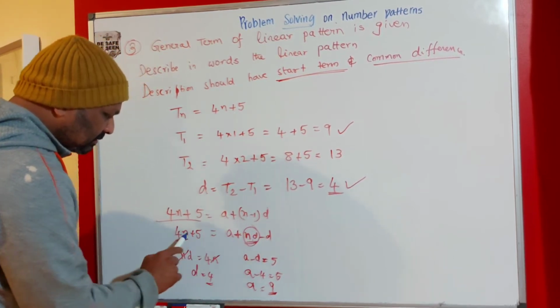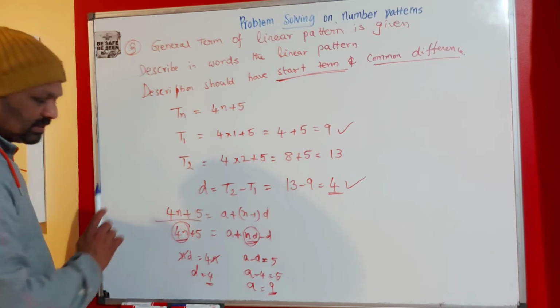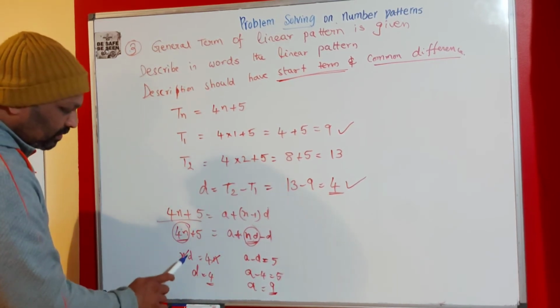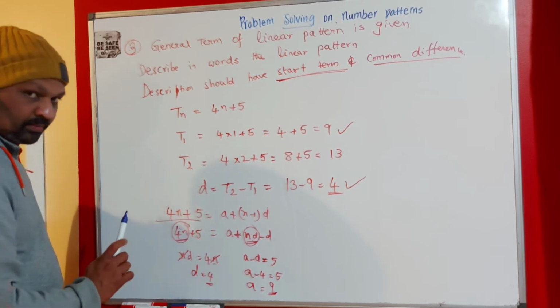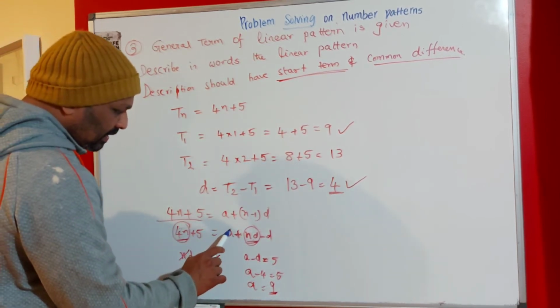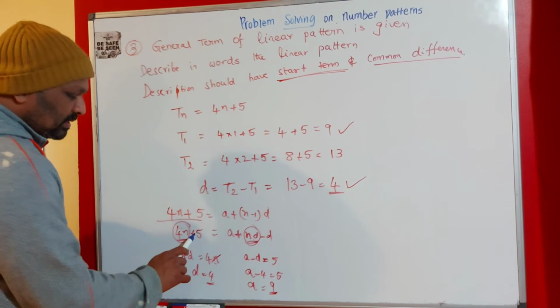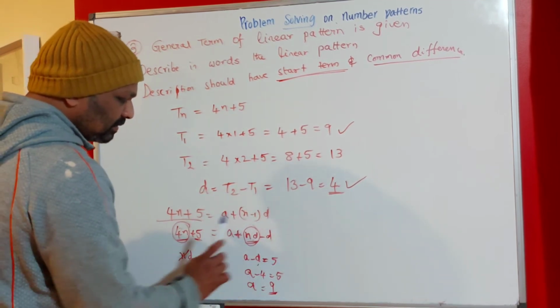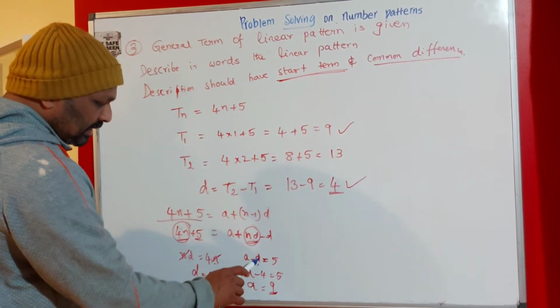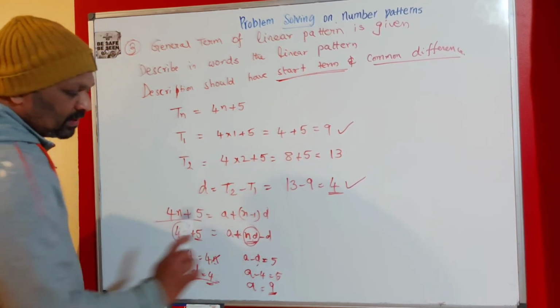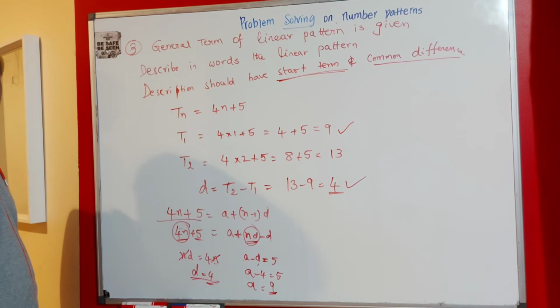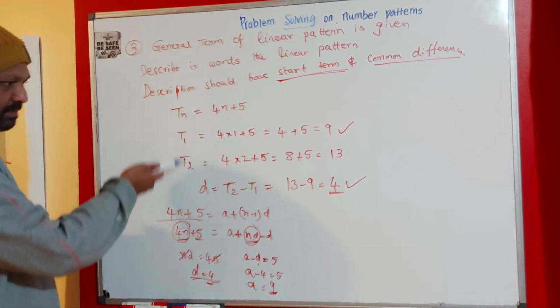I equated this with 4n, so 4n is equal to nd, thereby I got d as 4. The second part, a minus d is equal to 5. I replaced d with 4 because I found d as 4 here, thereby I got a as 9. This is another way of doing the same problem.